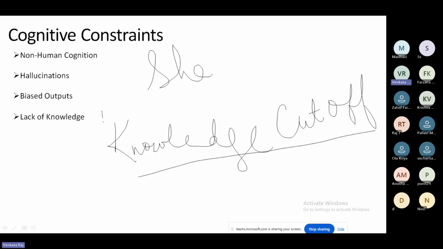Every AI model will have a knowledge cutoff date, guys, and they also publish and confirm the knowledge cutoff date for that particular model.